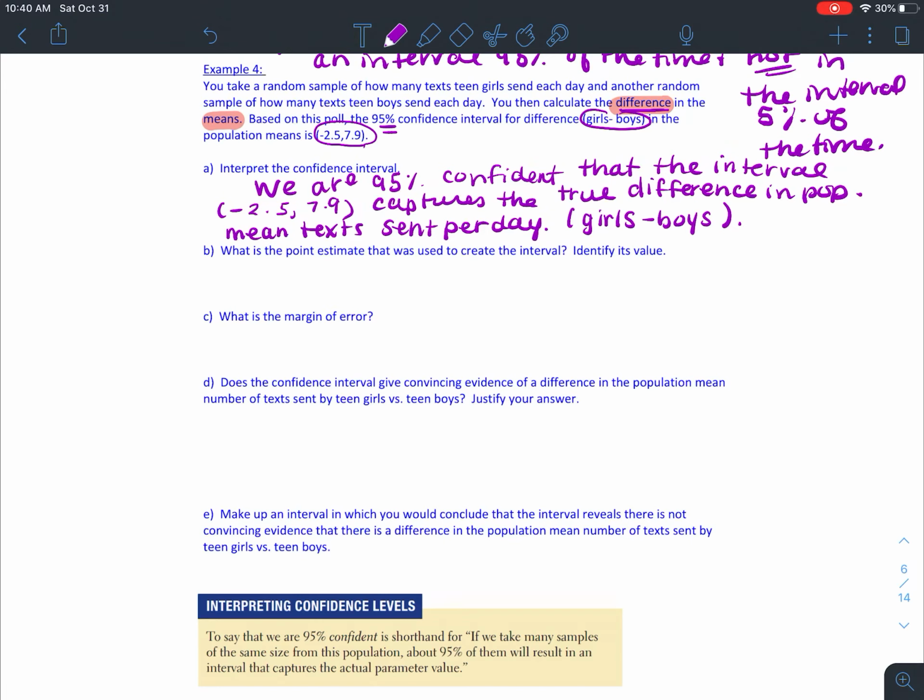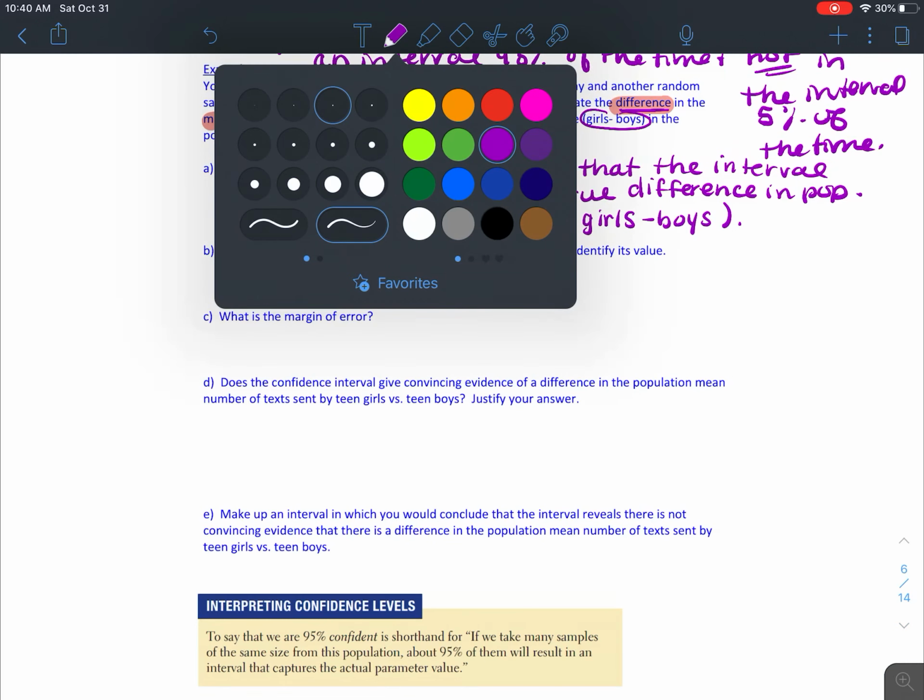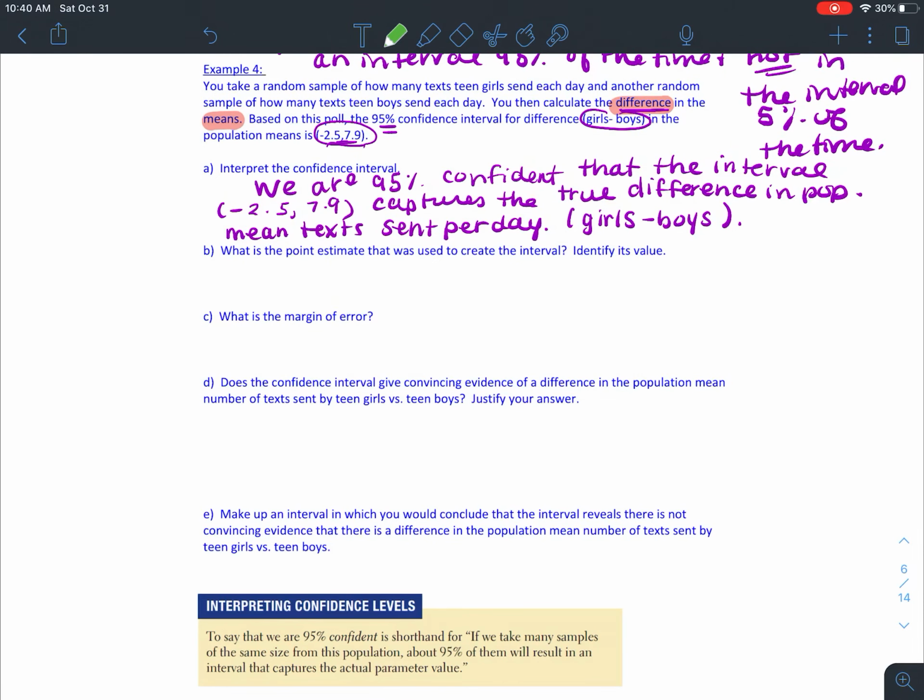Okay, now the question is, what is the point estimate that was used to create this interval? Remember, the point estimate should be located directly in the center. So I'm just going to take the endpoints. I'm going to add those together. I'm going to divide by 2. The point estimate, now remember, this is the difference in the mean number of texts that girls sent and the mean number of texts that boys sent.